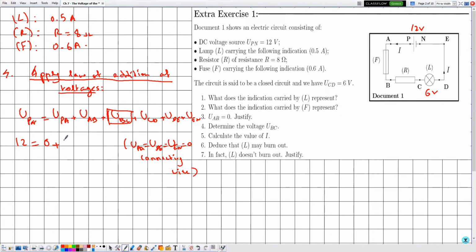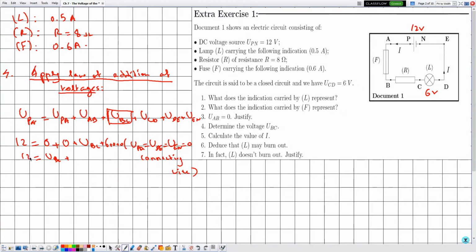So plus 0 plus UBC. Now UAB is 0 because justified previously, plus 0 plus 0 plus 0. Here UCD is given by 6, plus 0 plus 0. So 12 is equal to UBC plus 6.